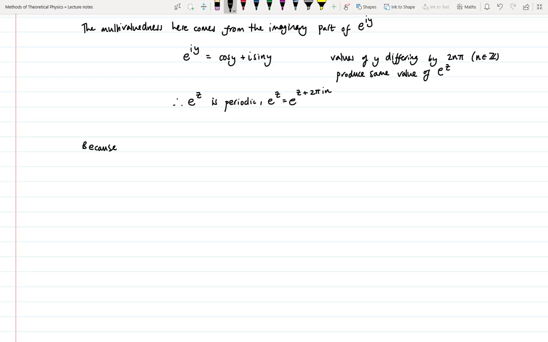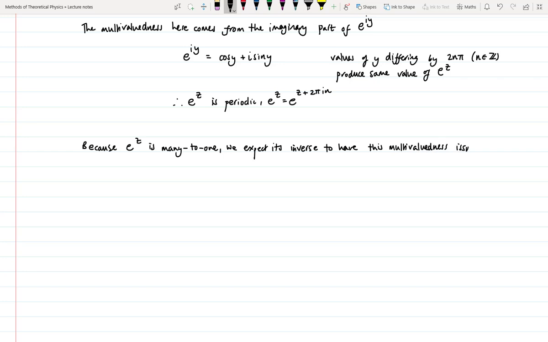Now, because e to the z is many to 1, then as in our discussion earlier of the sine function, we expect its inverse to have this multivaluedness issue.